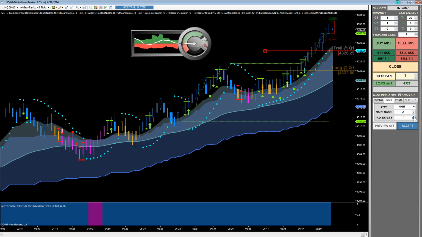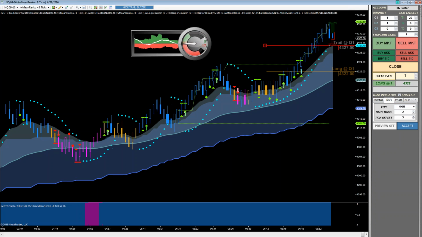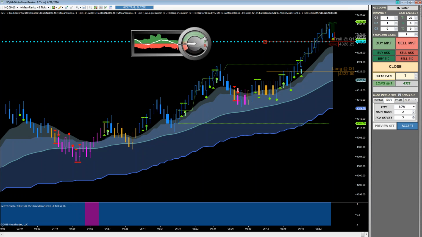If you really want to protect some of that profit, let's say you're going to go with the bar high-low, and we're going to go 2 bars back off of the low, and we're going to give it 3 ticks. And the bar high-low, as I mentioned, is really designed to take you out on the first sign of weakness. So when we get a lot of open profit, then I'll go with the bar high-low because I just don't want the market backing up on me any.